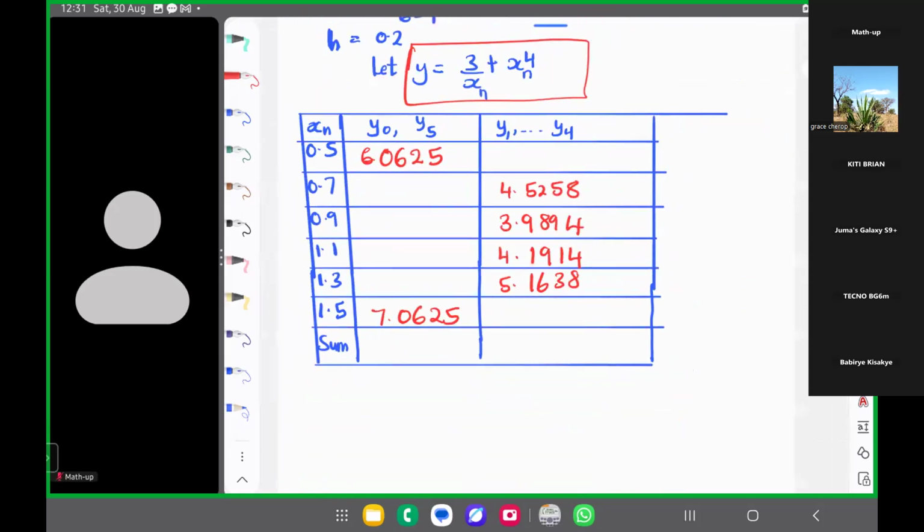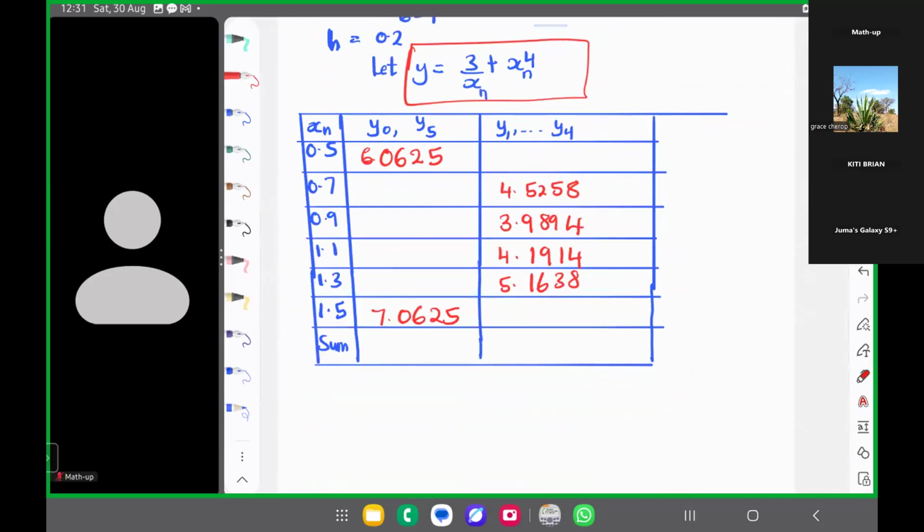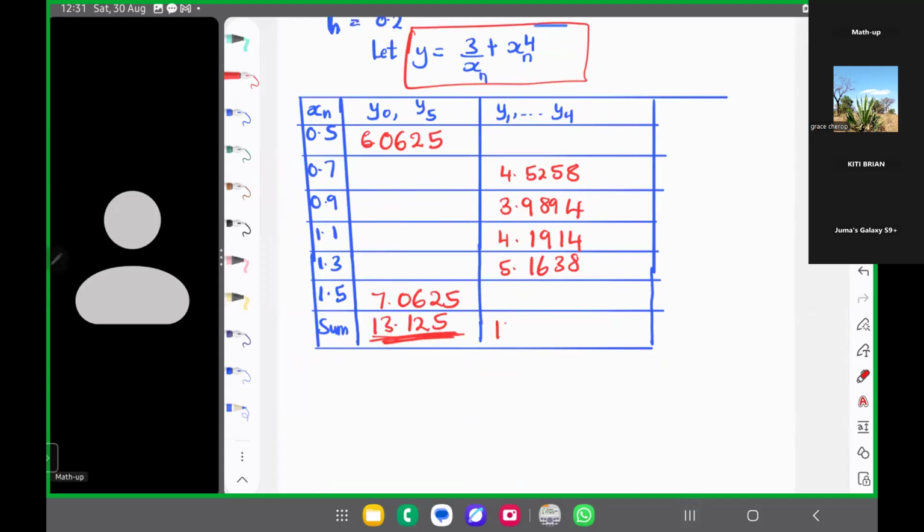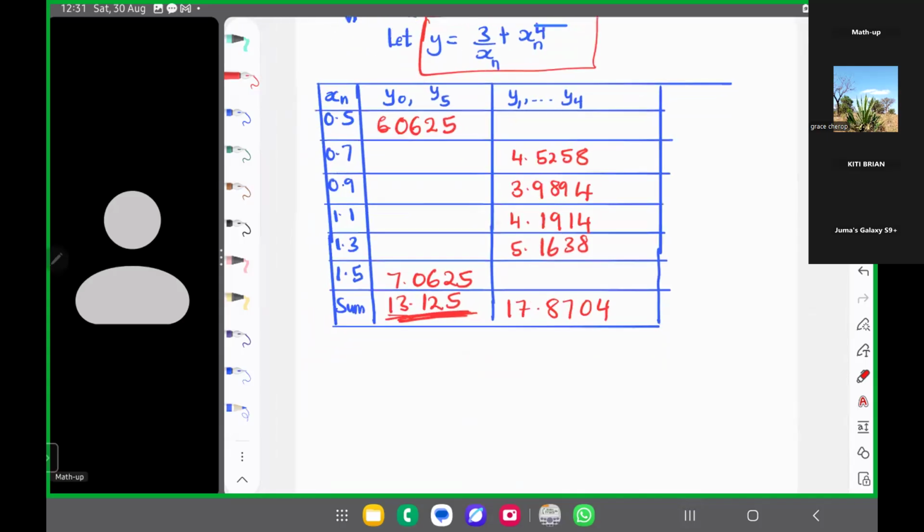So for this value here, we shall sum up y0 plus y5, and what shall we have? We shall have 13.125. Then the sum of y1 to y4 is 17.8704. Okay, thank you.